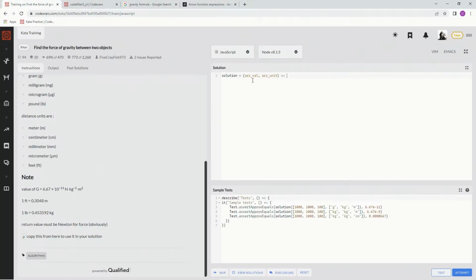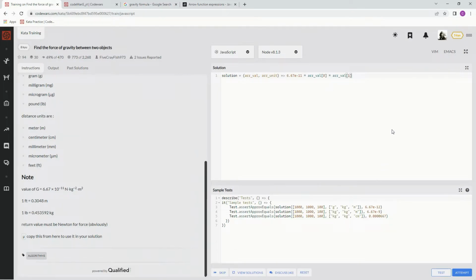So let's start off by writing that down. We're going to say 6.67 times 10 to the negative 11th, because that's exactly the same thing. And that's times mass 1, which will be r val 0, times r val 1, which will be this one.